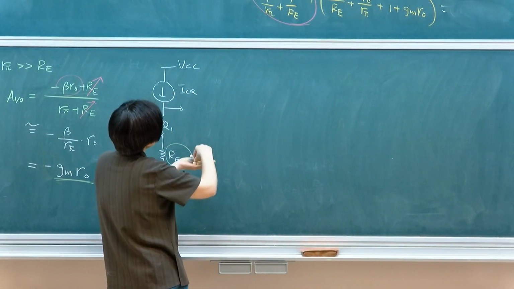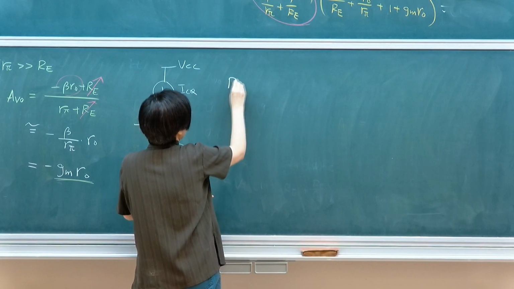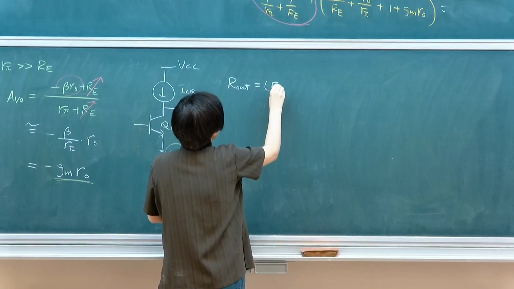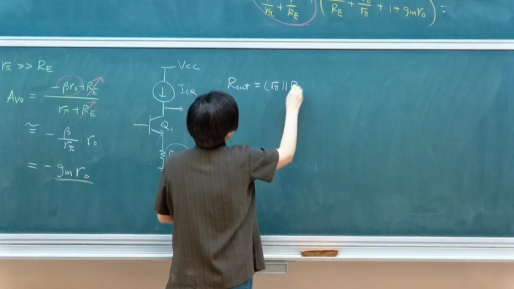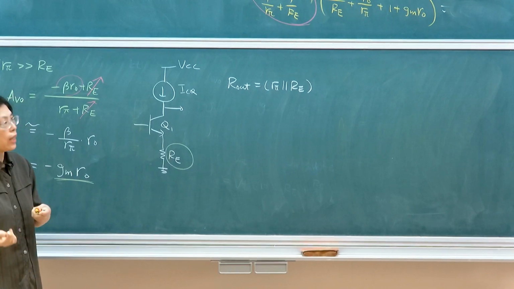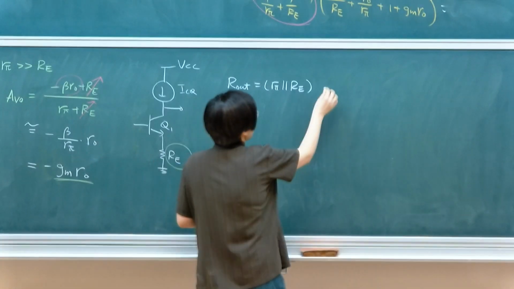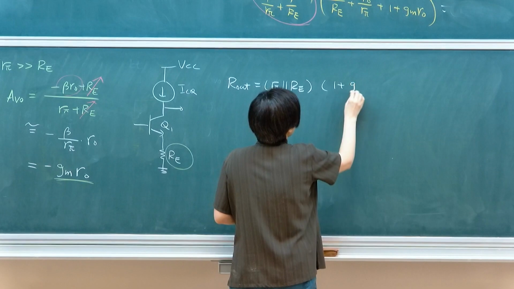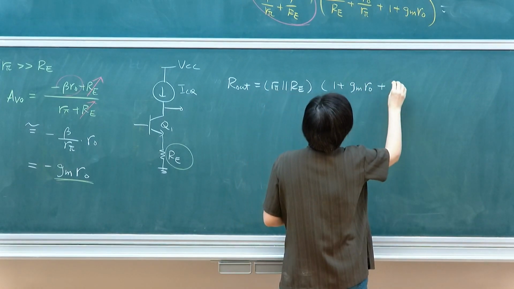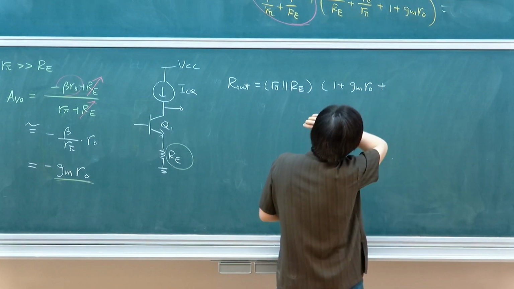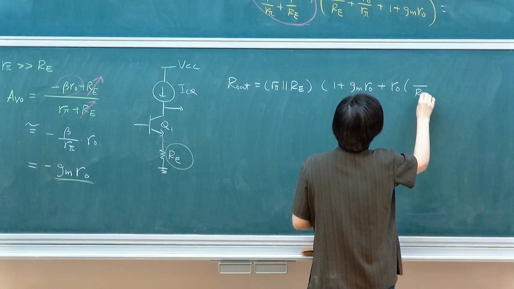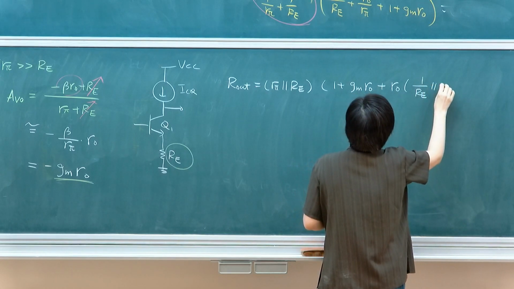So then your simplified result will be something like this. R out will be R pi in parallel with RE, and then you have an amplification factor, which is 1 plus GM RO, plus, you can get out the RO, and this will be RE in parallel.